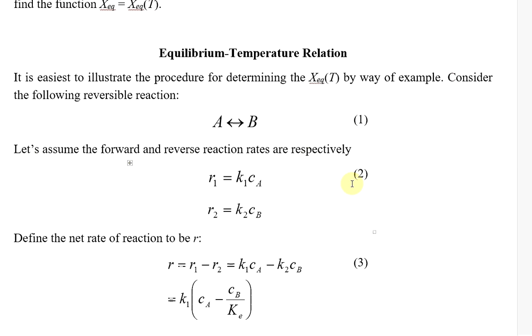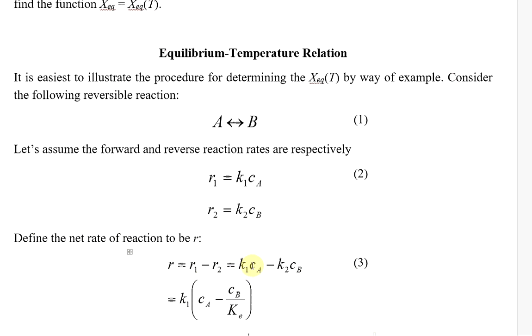our reactors. So if we consider this reversible reaction A and B, with these being elementary reactions, then the forward rate of reaction, A going to B, we'll write as R1 = K1 Ca, and then the reverse reaction rate, B translating back to A, so that's R2 = K2 Cb. And then, of course, the net rate of reaction will be R1 minus R2, which is K1 Ca minus K2 Cb.